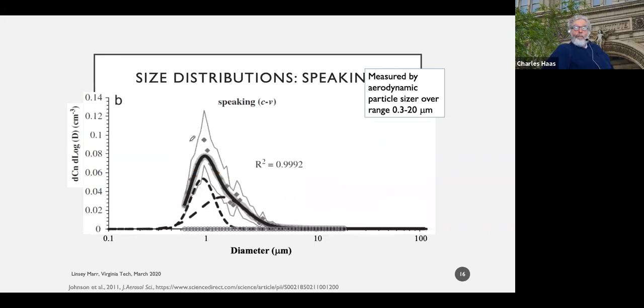Ordinary speaking, same thing. Peak of about 1 micron aerosol, and then much smaller amounts of the 5 micron. So, is it purely droplet transmission for coronavirus COVID-19, or is it also aerosol?